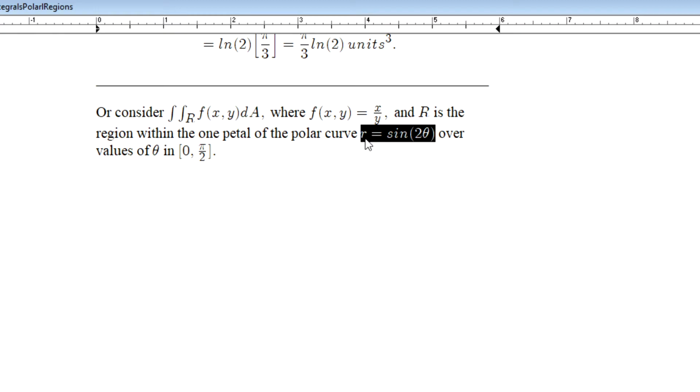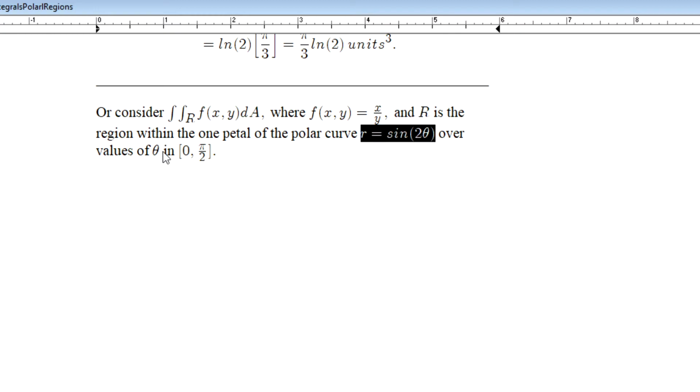Now, the polar curve r equals sine 2 theta is going to produce what is hopefully becoming a familiar looking polar curve. If you've studied the polar coordinate system back in Calculus 2, this was a polar curve that you may have encountered, known as a rose curve. This is going to be a 4-petal rose curve, and we're going to be interested in the double integral of f over a region of r that falls within just one petal of this 4-petal rose curve.